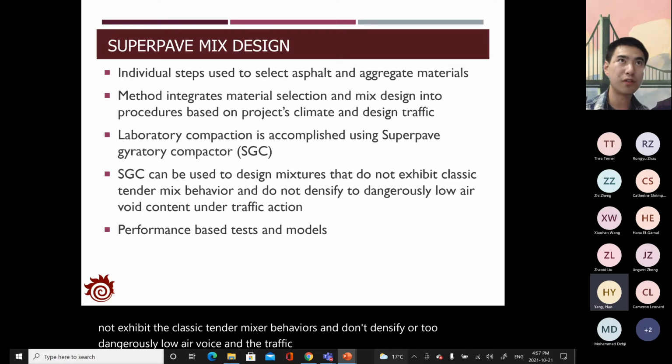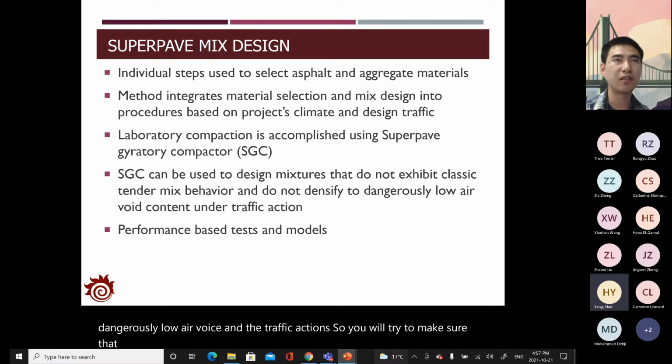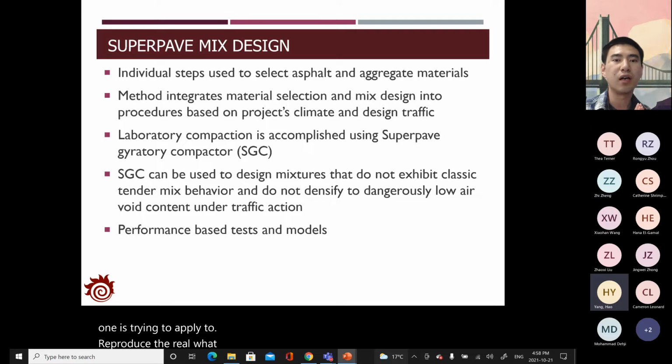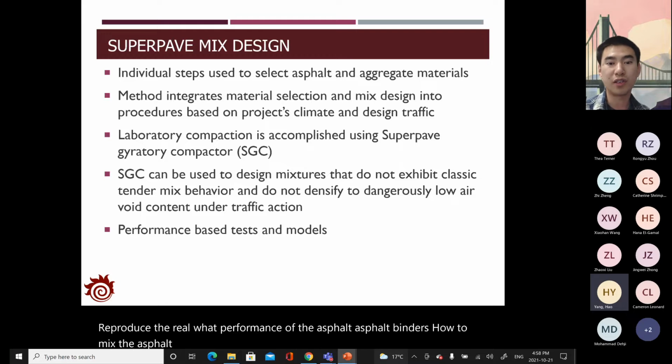So you will try to make sure that the specimen is realistic and does not go to some extreme design. This design tries to reproduce the real world performance of the asphalt binders, how to mix the asphalt binders under realistic traffic conditions and realistic climate conditions.